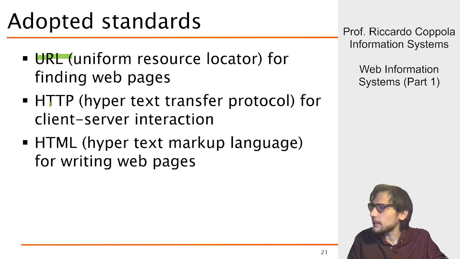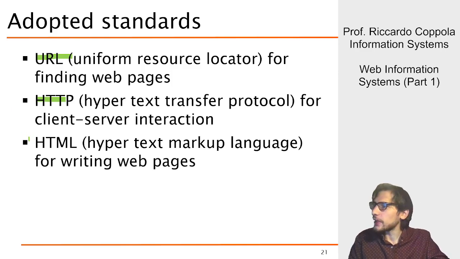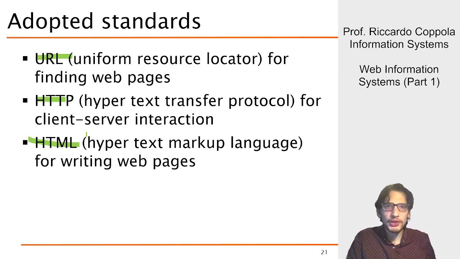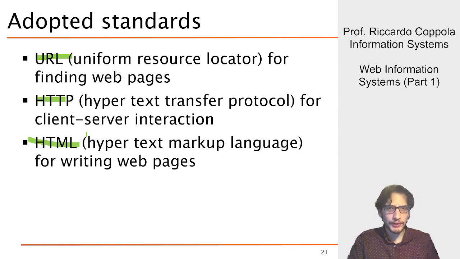Then I have HTTP, which is the protocol that tells me how client and server can interact and which fields of information have to be sent. And we have also mentioned HTML, which is the hypertext markup language, a language that allows me to describe the content of a web page with its titles, tables, images, links, and whatever. We will see it later.